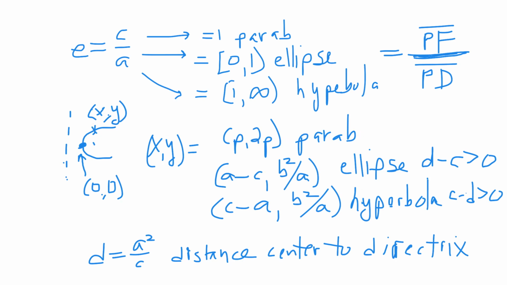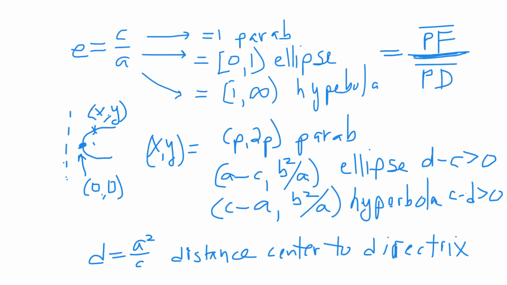For a parabola, we would have the distance p and the distance 2p from 0, 0. For the ellipse, now the center is going to be over here somewhere, so this x value will be a minus c, and the distance up will be b squared over a.